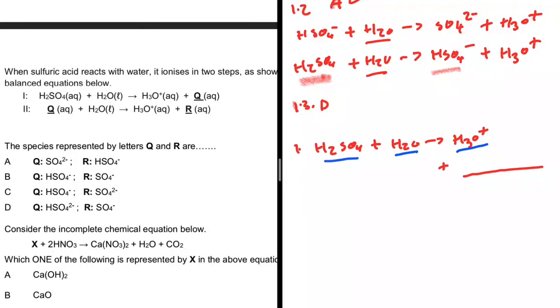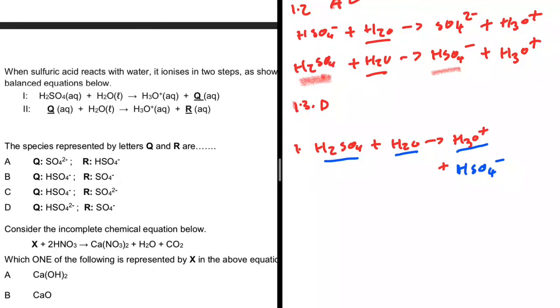That should be easy to deduce that the proton is coming from H2SO4. But when H2SO4 donates the proton, what are we going to be left with? We're going to be left with 1 hydrogen, right? And then SO4 minus, because we have donated 1 proton, and then here it is plus because it has accepted 1 proton. So we know that Q is HSO4 minus, right?